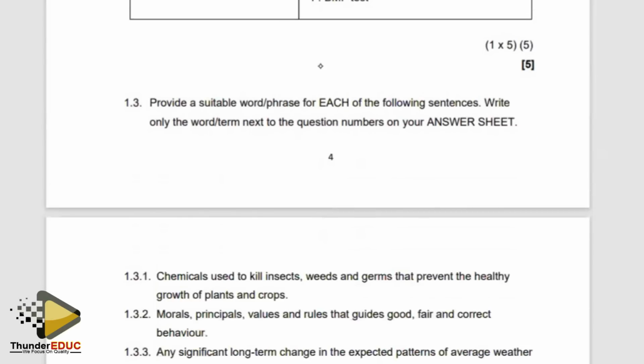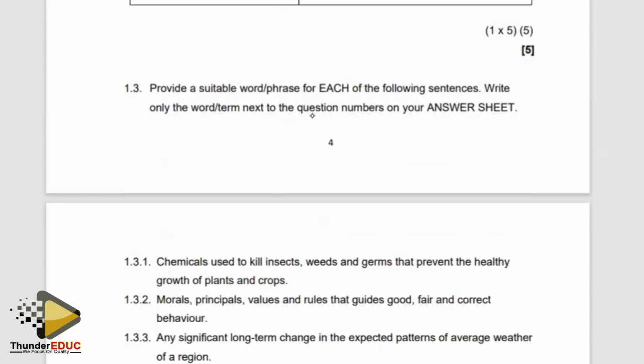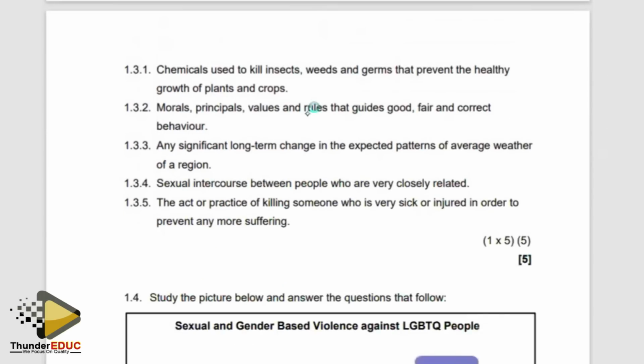Then provide a suitable word or phrase for each of the following sentences. Write only the word or term next to the question number on your answer sheet. Chemicals used to kill insects, weeds, and germs that prevent the healthy growth of plants and crops. Those are called, you can call them pesticides, or you can call them insecticides.